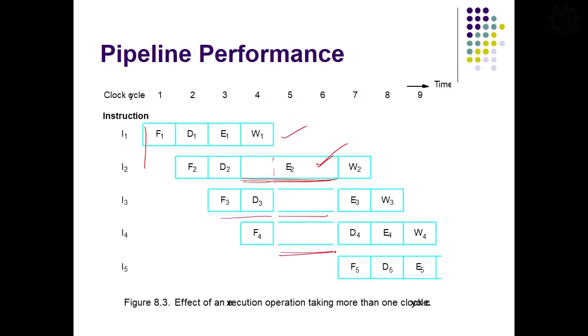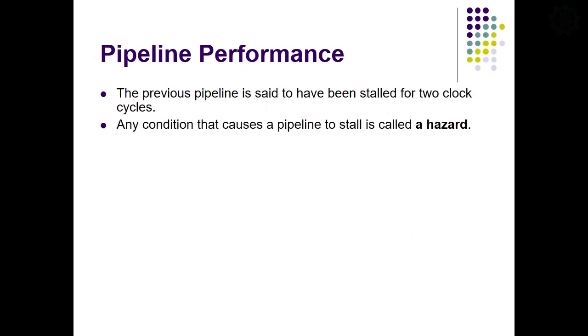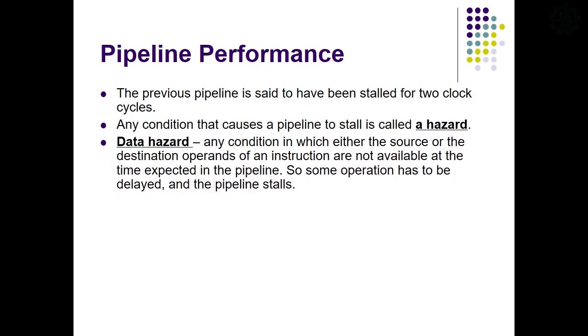For any reason, if the pipeline is stalled, it is called a hazard. Any condition that causes a pipeline to stall is called a hazard. One important one is the data hazard.